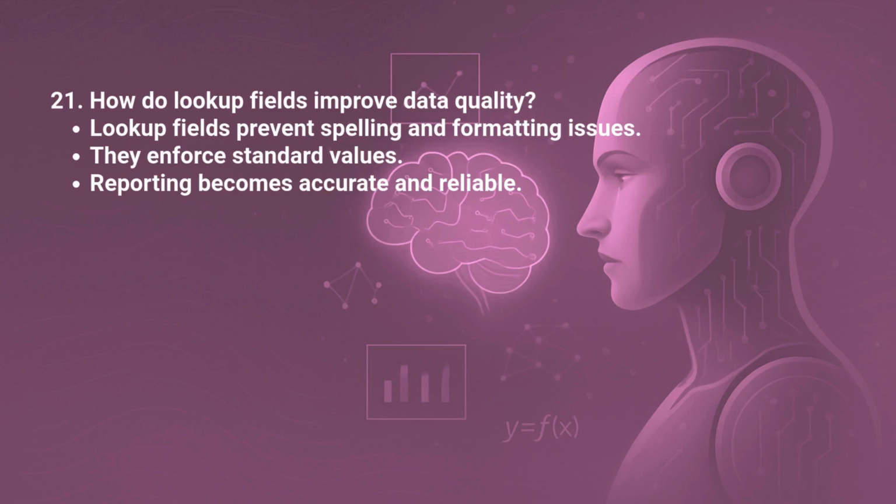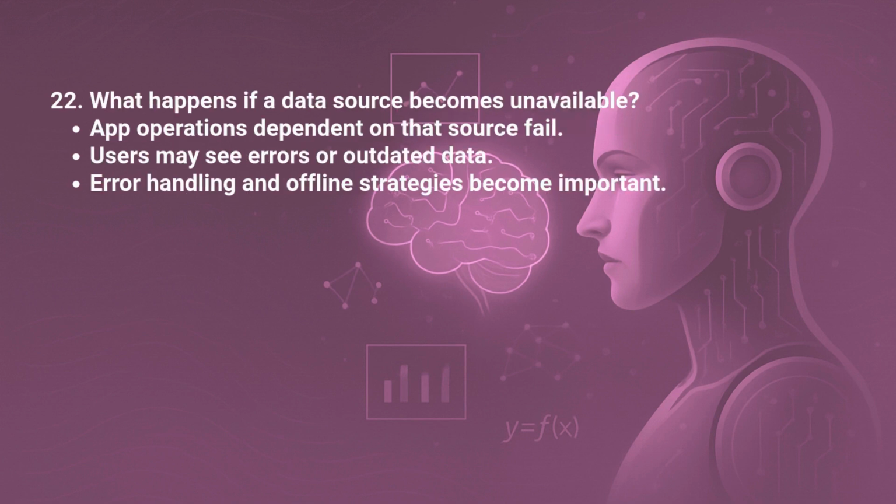They enforce standard values. Reporting becomes accurate and reliable. 22. What happens if a data source becomes unavailable? App operations dependent on that source fail. Users may see errors or outdated data. Error handling and offline strategies become important.